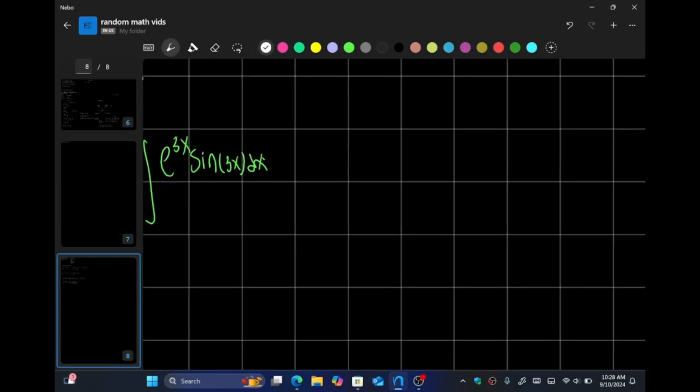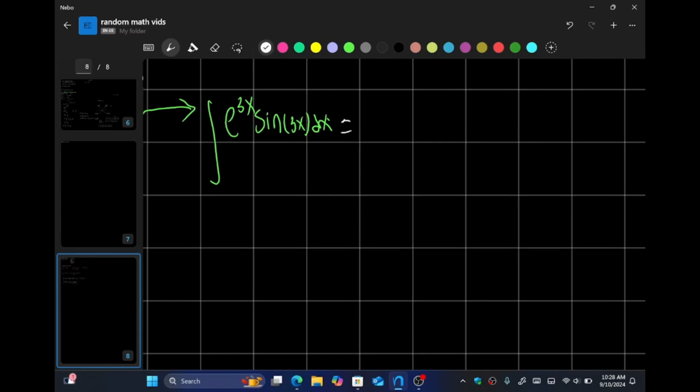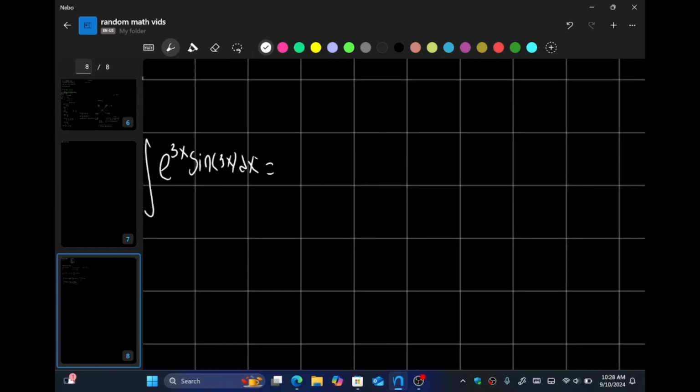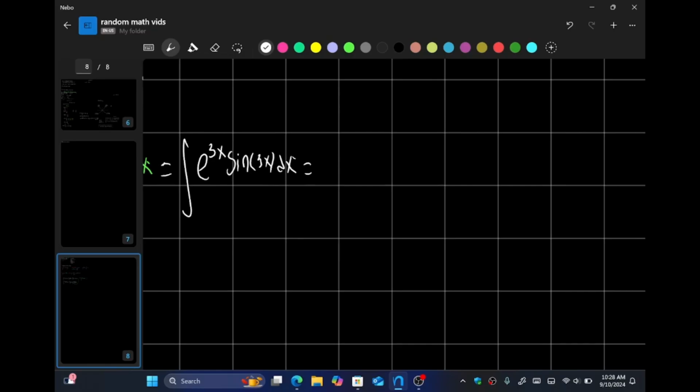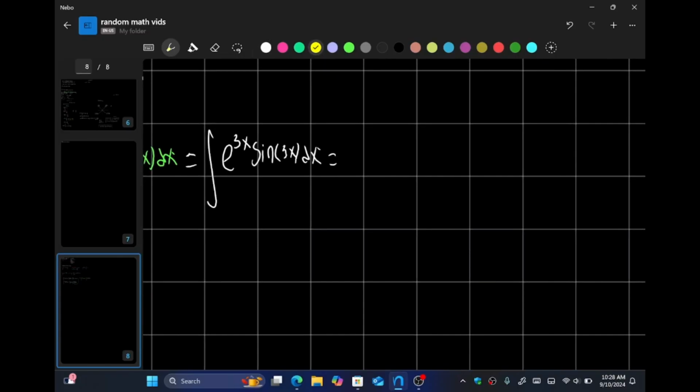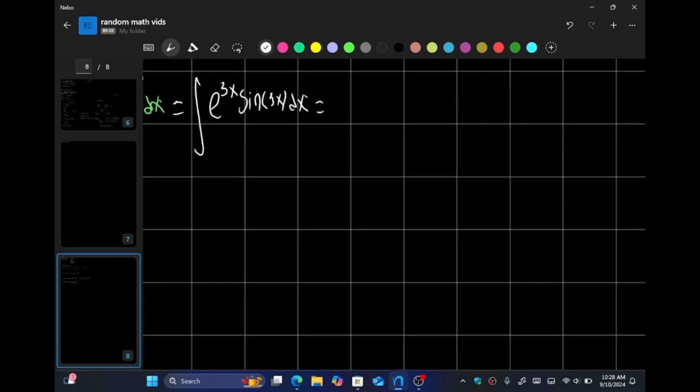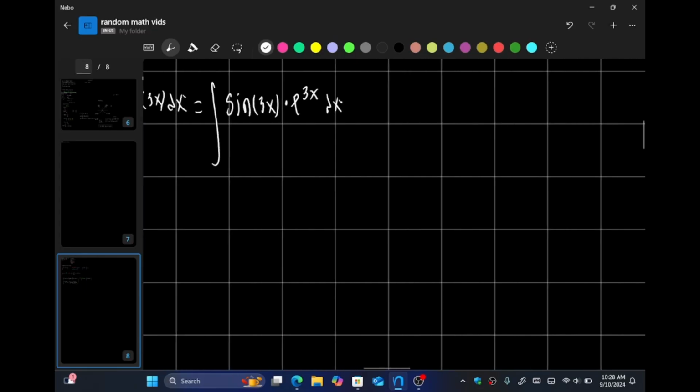So let's go ahead and do this. Again, we're going to do LIATE. So the integral of e to the 3x sine of 3x dx, and actually let me do it this way, the integral of sine of 3x times e to the 3x dx.